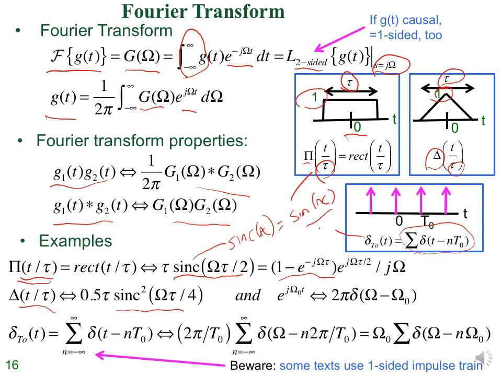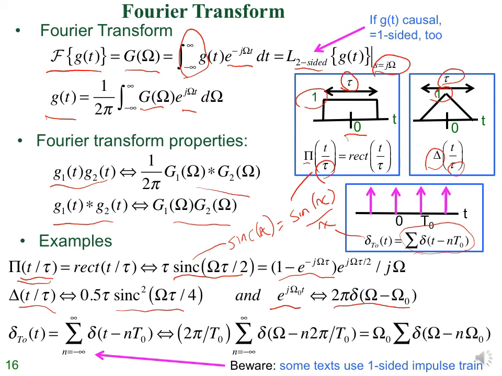Some authors include a factor of pi, but whenever you have a question on that in the Fourier transform table, you should be able to figure out what the definition of sinc is. E to the j omega 0 t at frequency omega 0 gives a delta function in the frequency domain at frequency omega 0 with weight 2 pi.